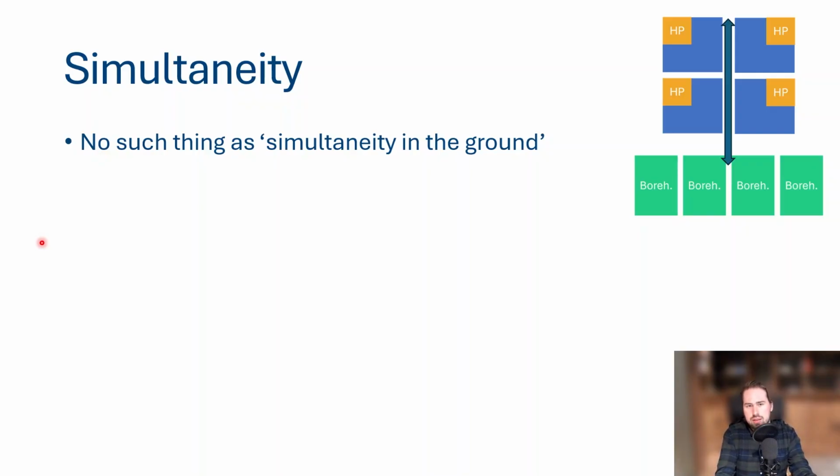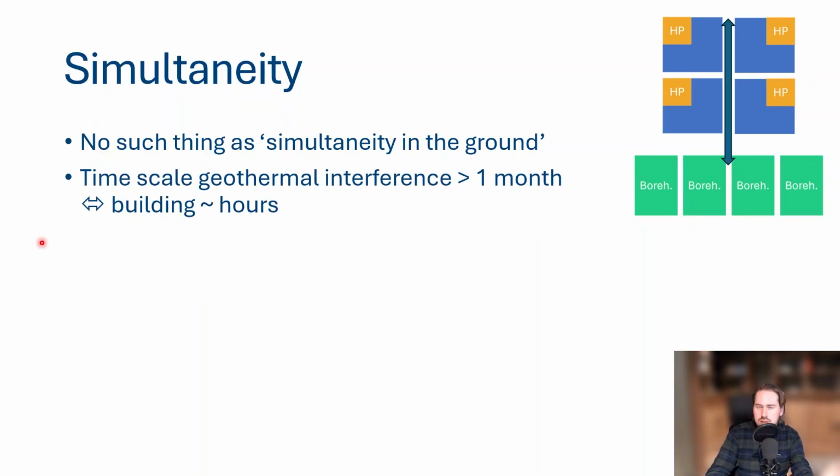Isn't there a simultaneity? But I want to say once and for all, there is no such thing as simultaneity in the ground. That's because the time scale at which this interference in the ground occurs is more than 1 month. It takes more than a month for the energy to travel from one borehole to the other. And when we're talking about simultaneity between heating and cooling, it's typically in the order of hours. So it's a whole different time scale.